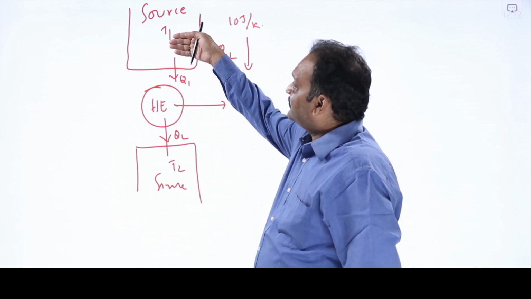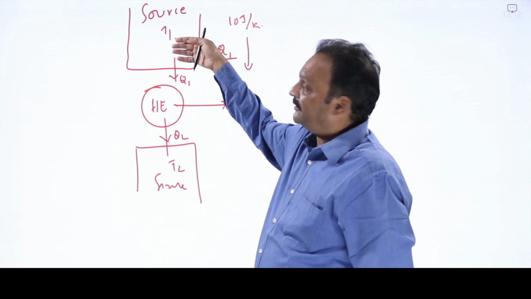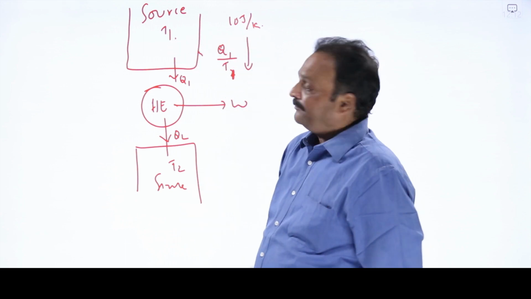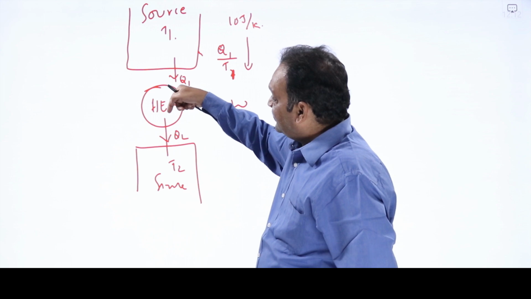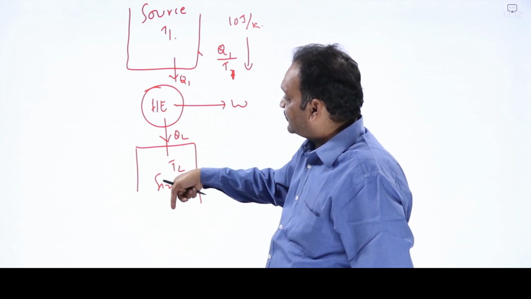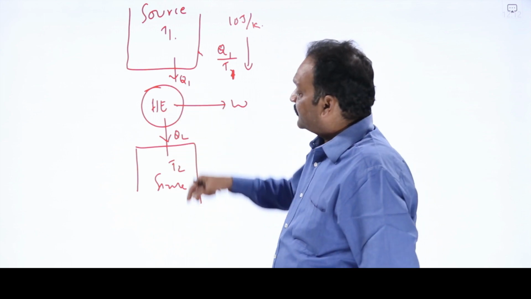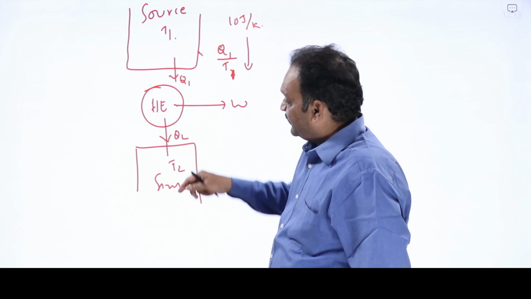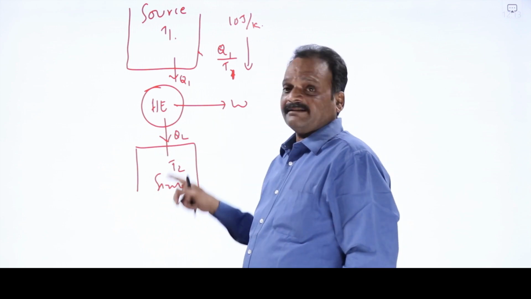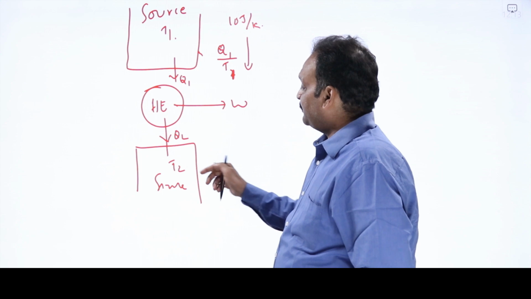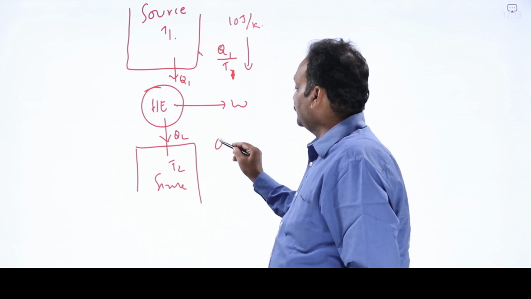Now, the source is part of the surroundings, and its entropy has decreased. What is happening to the heat engine? The heat engine is rejecting Q2 amount of heat into a sink at lower temperature T2. When you are rejecting heat into the sink at lower temperature, the entropy of the sink will increase. What is the increase in entropy of the sink? That is Q2 by T2.